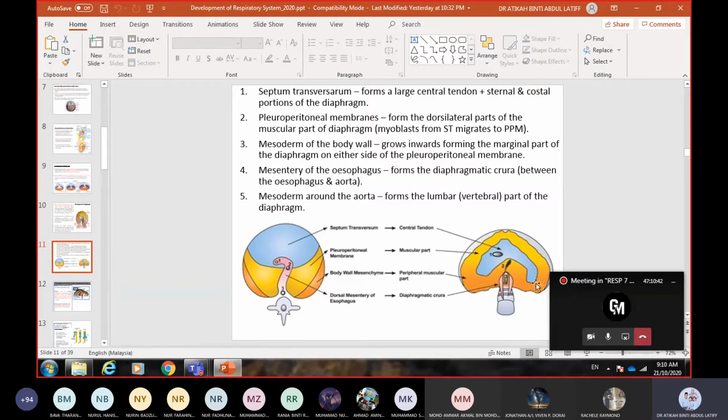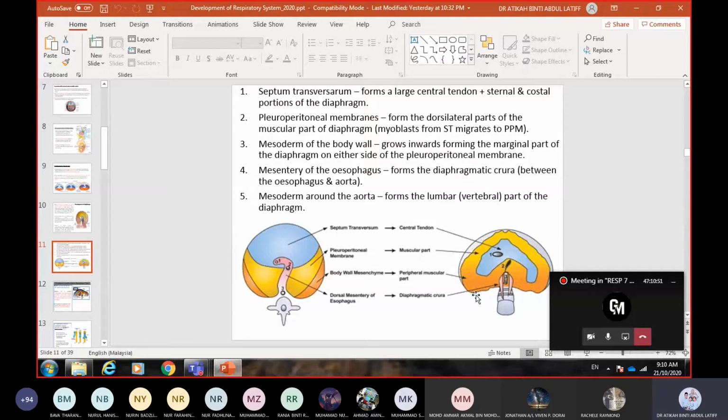This orange part here is formed by the body wall mesenchyme, and the dorsal mesentery of the esophagus, or the gut tube just now, will form the crura, which is this upside-down U-shaped structure here. So the diaphragm is quite simple: septum transversum, the pleuroperitoneal membrane, and the body wall mesenchyme as well.